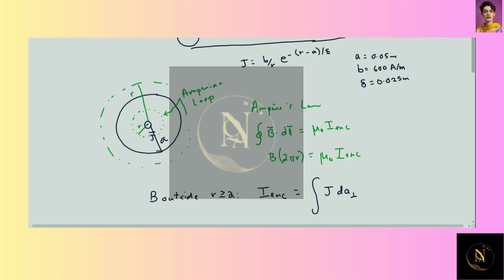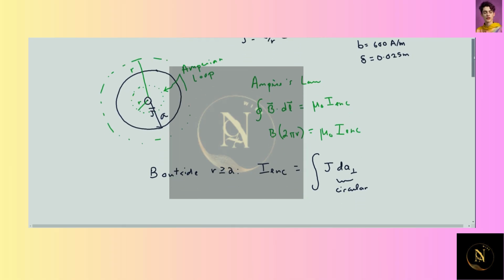And here the cross-sectional area is the circular cross-section of the wire all the way out to a. The radius equals a.